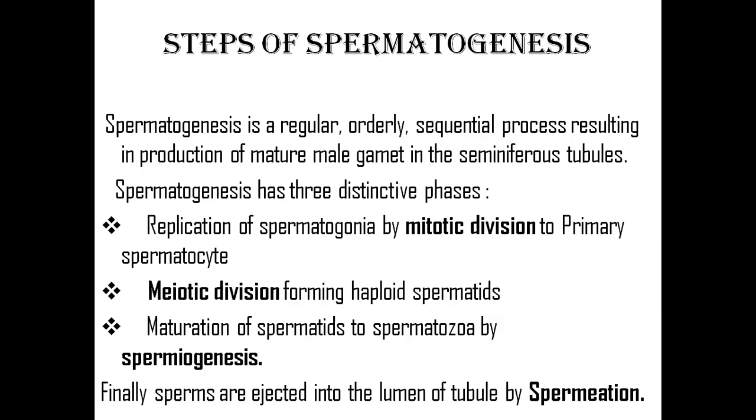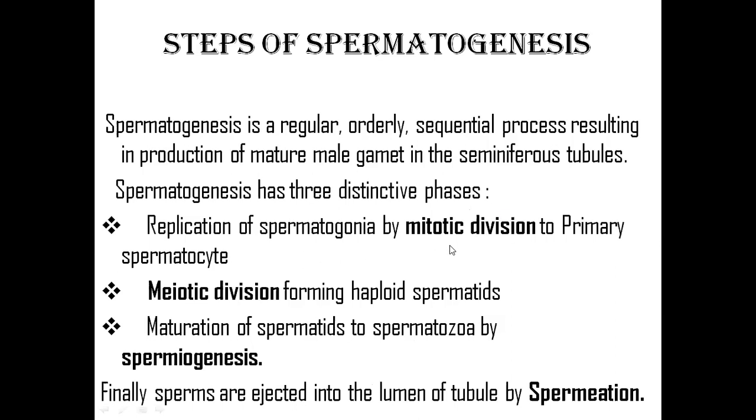And it is a regular, orderly, and sequential process. Although all the steps can take place concurrently, they should come one after another to give proper development of the sperm. And they can be divided into 3 distinct phases. But as I told you, they can occur concurrently, but there are 3 distinct phases.